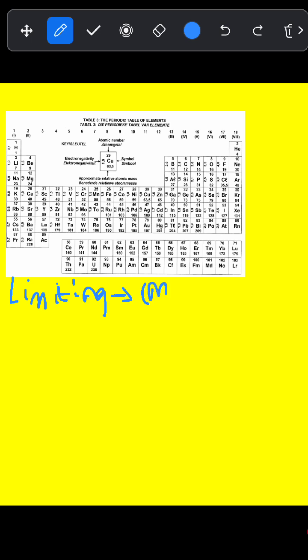So you change that information into number of moles, then use ratio to get information about other substances.